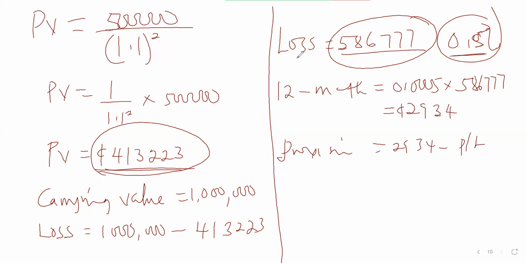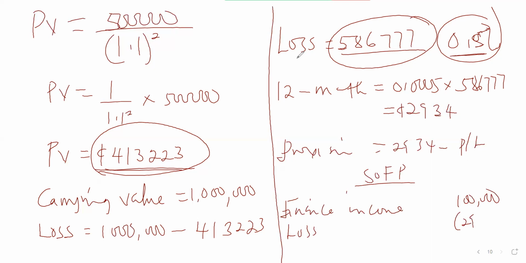Then if you come to the statement of profit or loss, we are going to have a finance income of 100,000, which is 10%. Then we have provision for loss of 2,934.